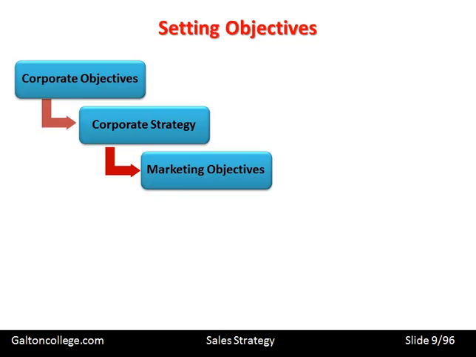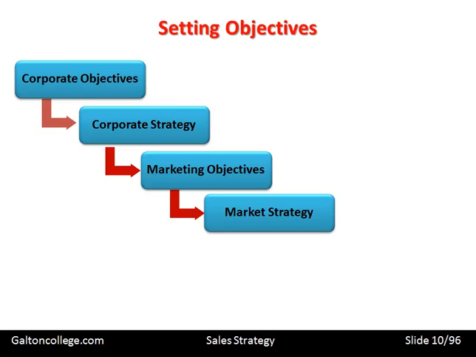It will say, well, the company must grow by X% in that area, or it must grow by Y% in a different area, whatever. So the marketing objectives, again, are derived from the corporate strategy. And of course, having got market objectives, there will be market strategy.